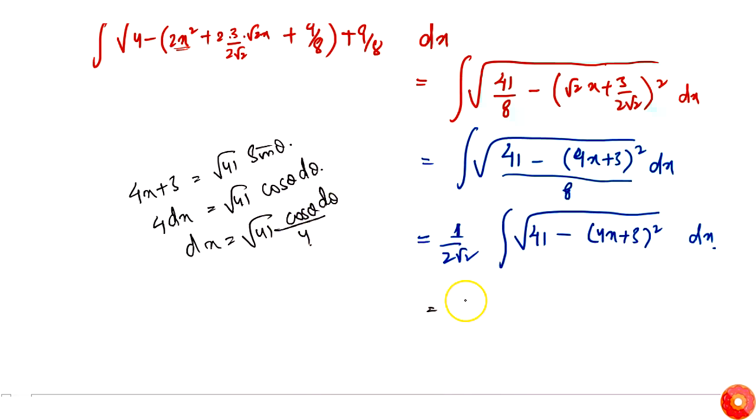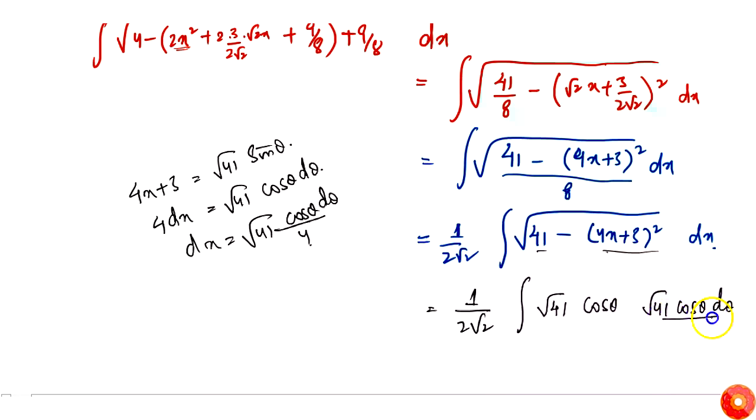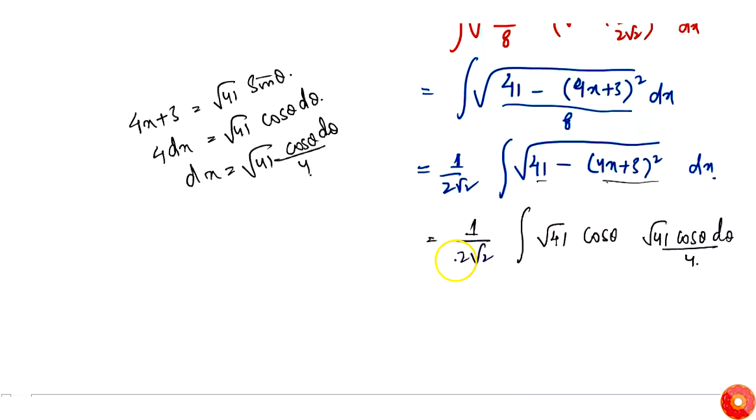So here this will simply become 1 by 2 root 2 into integral of square root of 41 minus this thing will become square root of 41 into cos theta, into dx will become root 41 into cos theta d theta by 4. So this whole thing will become equal to root 41 into root 41 is 41 by 2 root 2 into 4, so 8 root 2, into integration of cos square theta d theta.